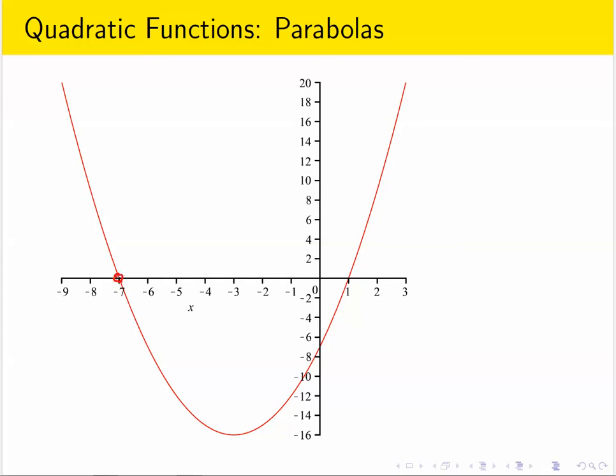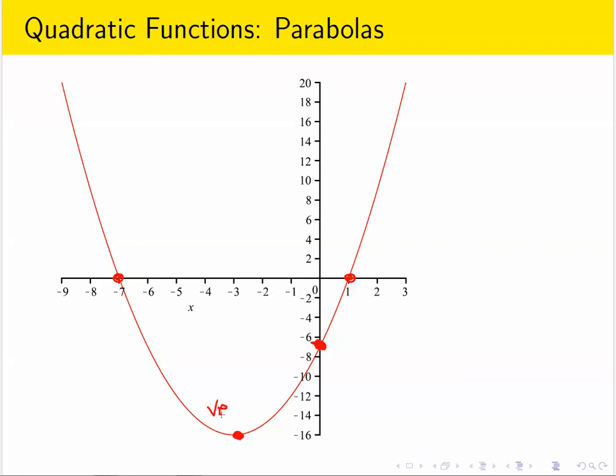So I draw a point at -7 and at 1 on the x-axis, because those are the x-intercepts we found. I draw a point at -7 on the y-axis, because that's the y-intercept we found. And then I'd draw a point at -3, -16, because that's the coordinate we found for the vertex.